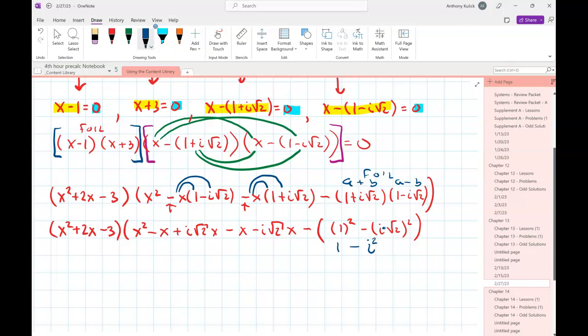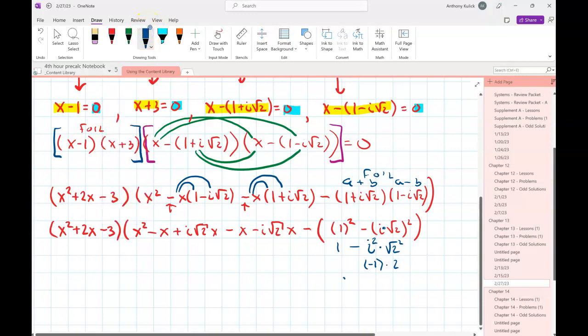So you have i squared times square root 2 squared. And what is i squared the same as? -1. And what is the square root of 2 squared? 2. So that's all going to turn into then 1 plus 2 or 3.